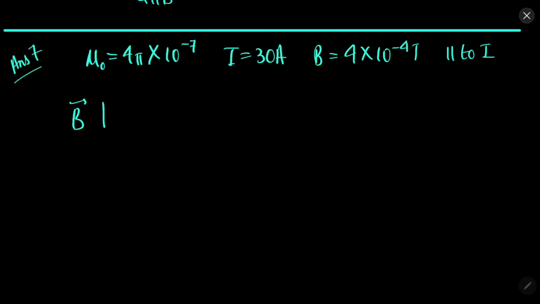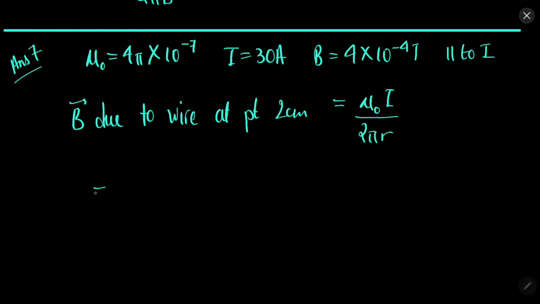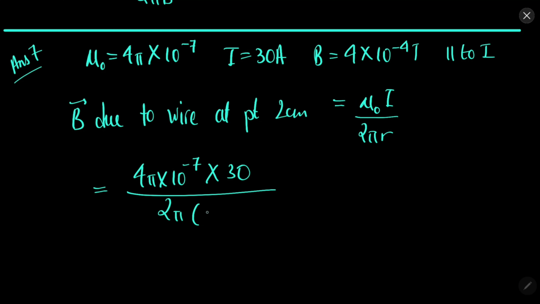Now B due to the wire at 2 centimeter away will be mu naught I over 2 pi r, so it will be 4 pi into 10 to the power minus 7, current 30 over 2 pi, distance is 2 centimeter, 0.02 meter, that is, so 3 into 10 to the power minus 4 Tesla.